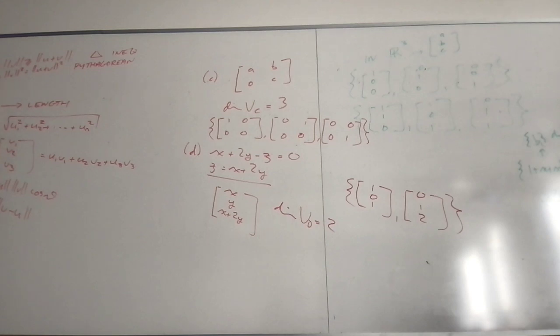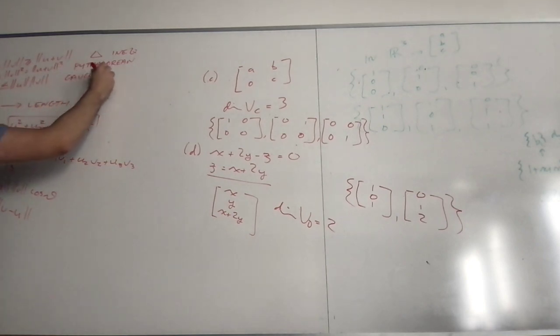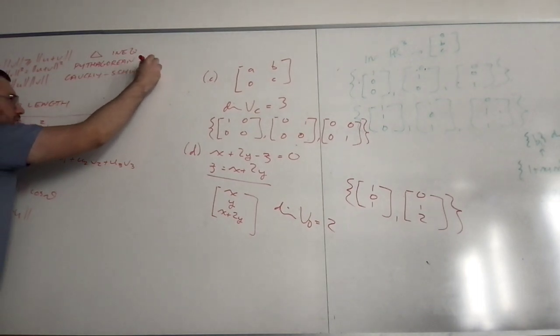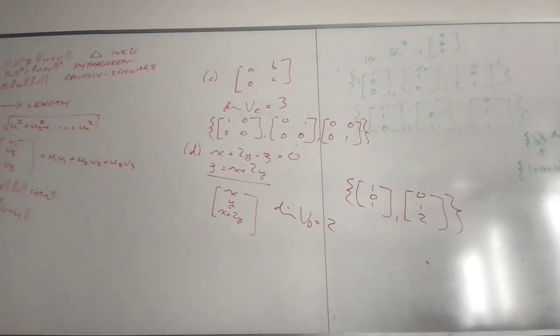It's that the absolute value of the dot product is less than or equal to the norm of u times the norm of v. I always get the sign messed up, but I think it's this way. Cauchy-Schwarz. Those are the 3 key theorems for this.